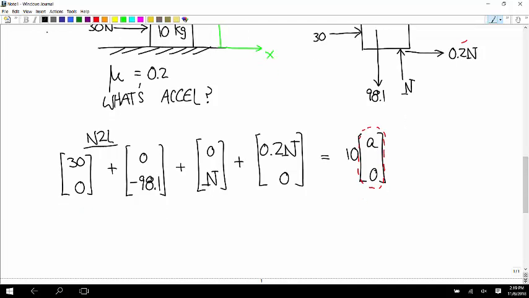Okay, so the y equation says 0 minus 98.1 plus N plus 0 is equal to 0.